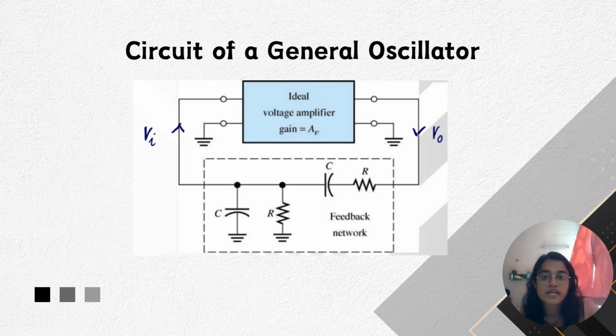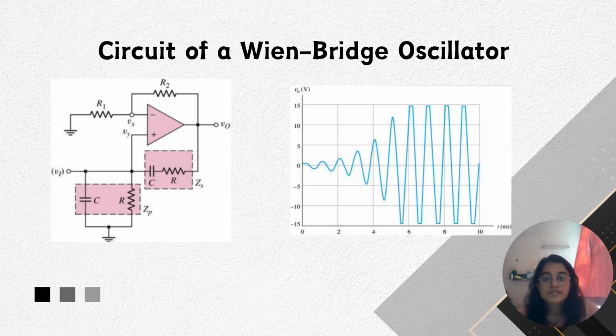Now let's take a look at the circuit of an oscillator. This is the circuit of a general oscillator. An oscillator is an amplifier with positive feedback. The closed loop gain is Af equals Vo over Vi equals A over 1 minus A beta. Now this is the circuit of a Wien bridge oscillator.